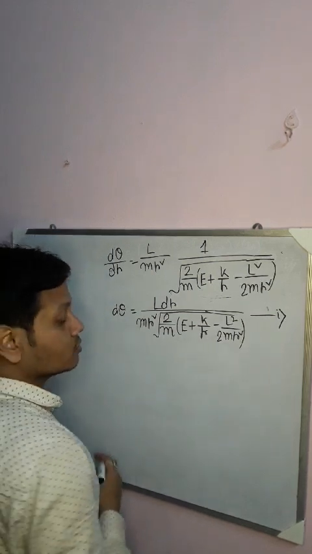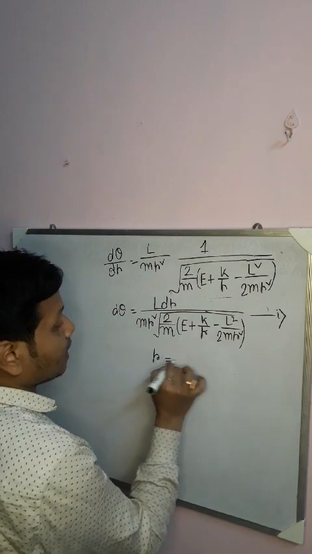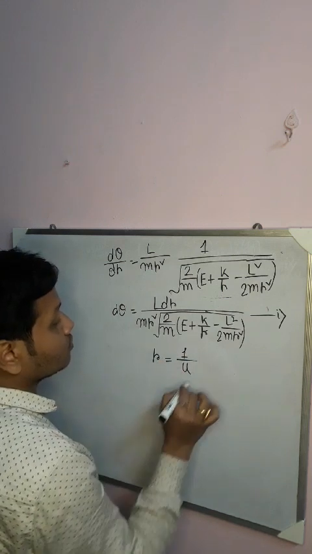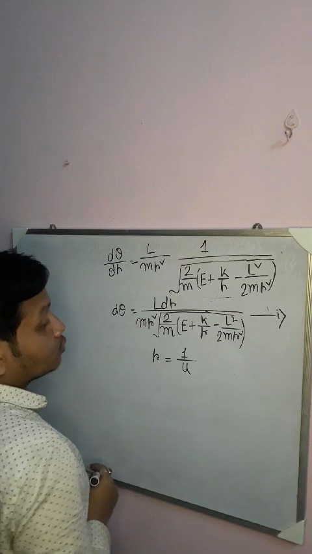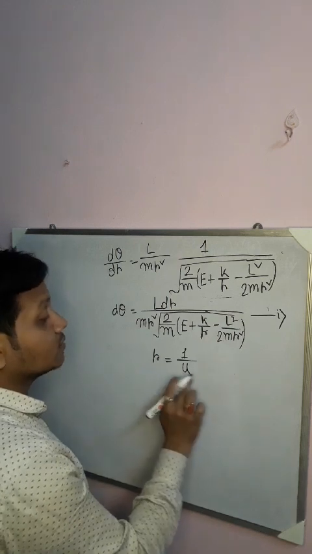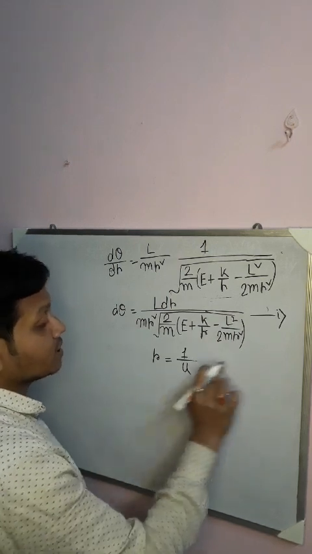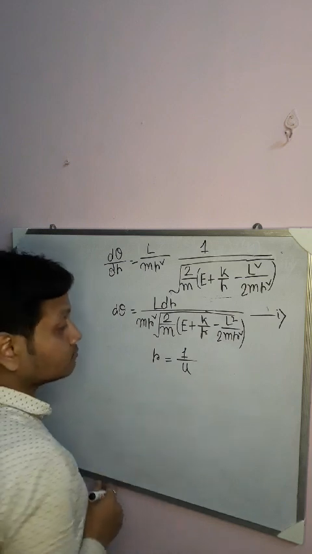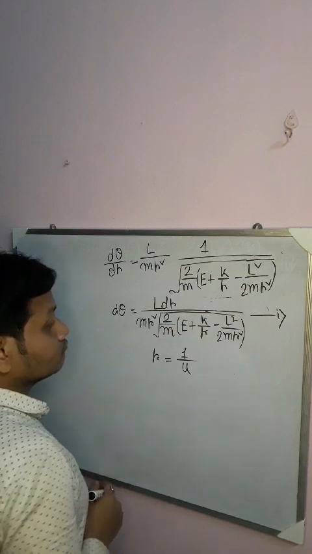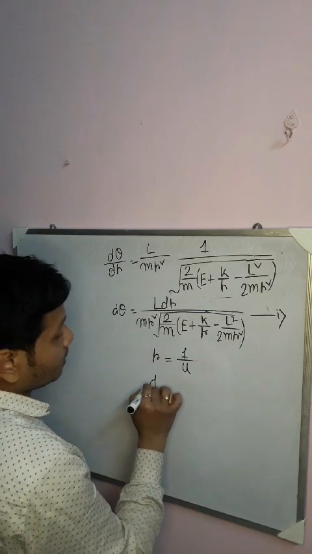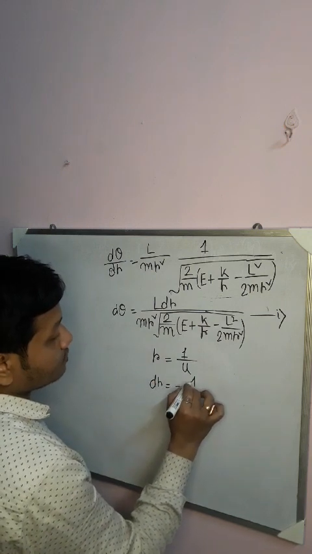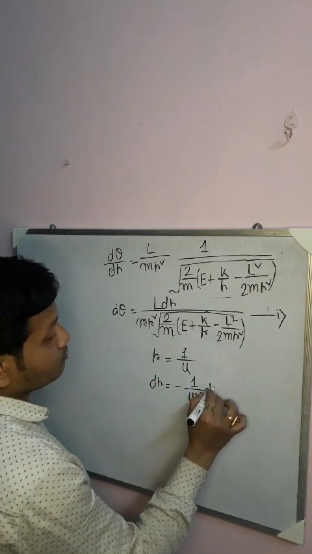Let's take r equal to 1 by u, where u is a variable that we choose in such a way that r equals 1 by u. You always have to take r in this format. So what will be my dr? Minus 1 upon u square du.